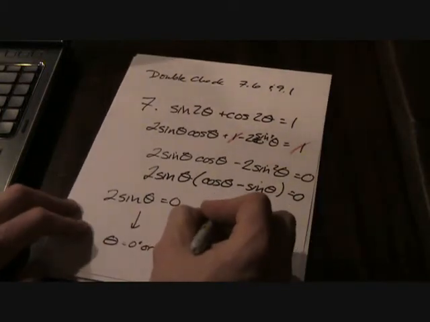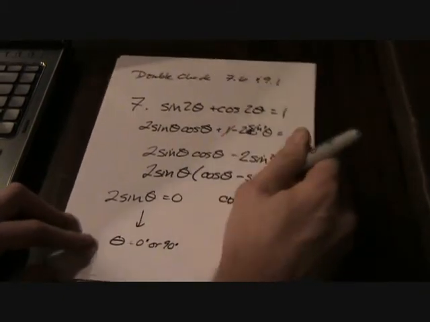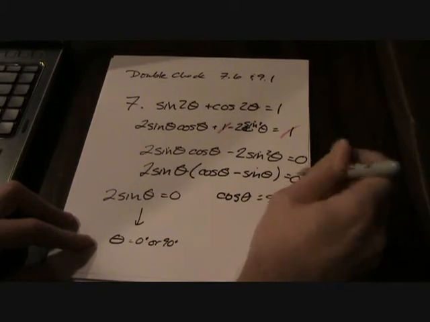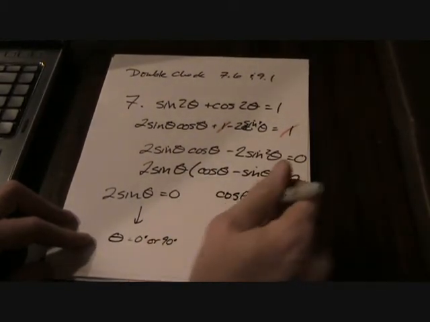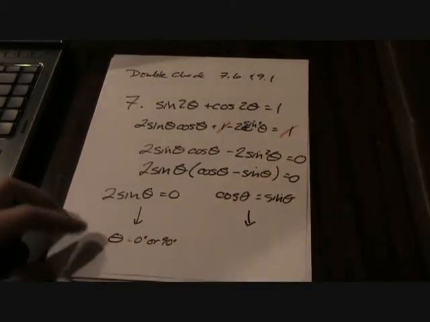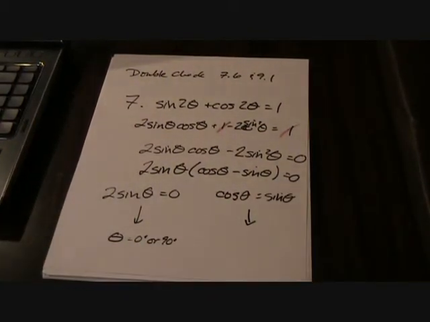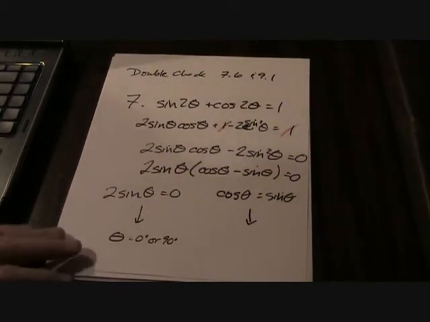This over here, a little bit differently, you're going to get cosine theta equals sine theta, because cosine minus sine is going to equal 0, so those two things have to be equal. Now, you could go through something really long and convoluted, squaring both sides or things like that. You could actually solve it all out, or you could just think about it. Where is cosine theta equal to sine theta?